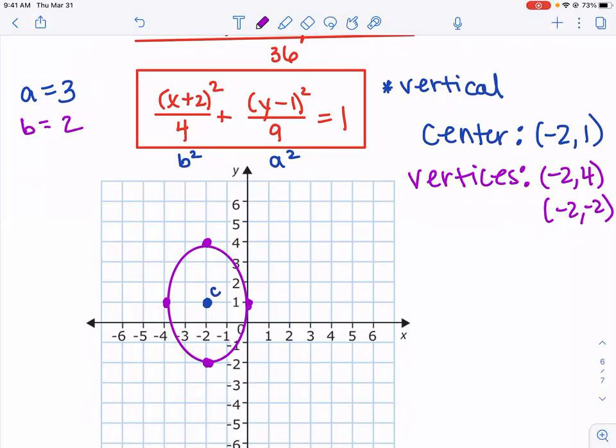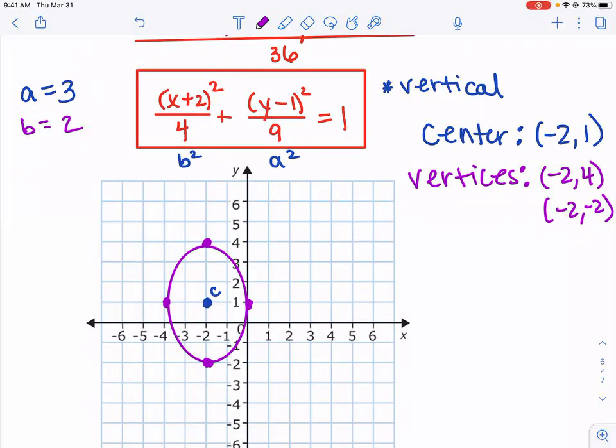Probably the more challenging part of this is trying to get your ellipse to actually look round, right? I kind of get a cheat because my iPad makes it nice and round for me.